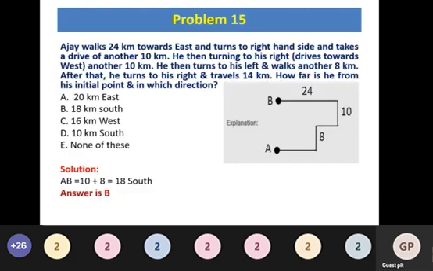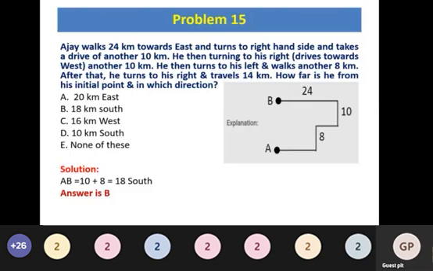Now coming to problem number 15. Ajay walks 24 kilometers towards east and turns right and takes a drive of another 10 kilometers. Then turning to his right, he drives towards west another 10 kilometers. He then turns to his left and walks another 8 kilometers.